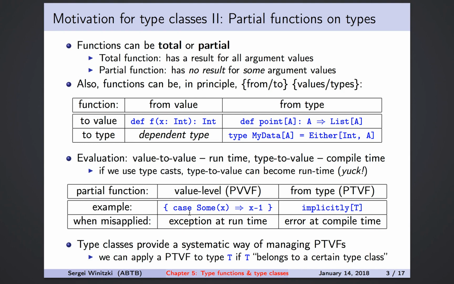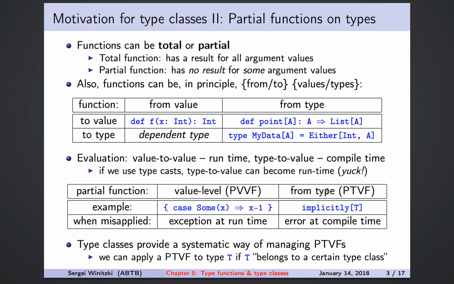But if the argument of this function were the empty option, which is to say the none value, then there is no case to match that. So this function cannot process that argument value. So this function, considered as a function on options, is a partial function. If you apply this to the wrong kind of argument, you get an exception at runtime.